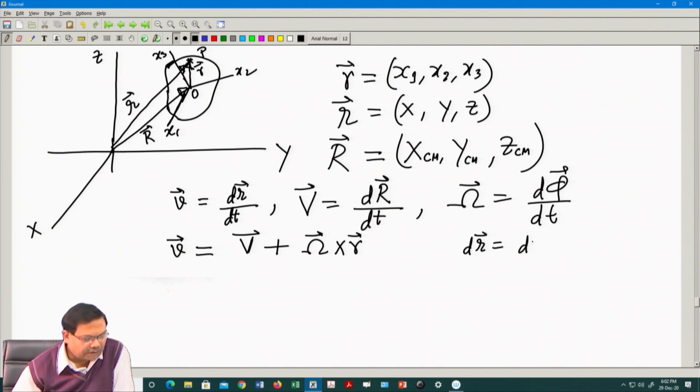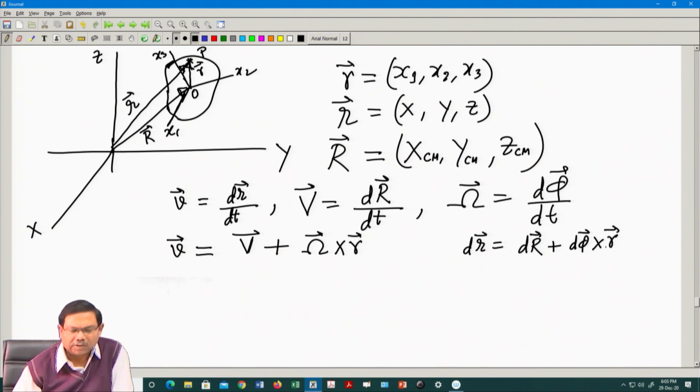So, displacement has two parts. When the rigid body moves, any point P in the rigid body will also move. Point P is displaced in time dt by an amount dr as observed from the fixed frame of reference. So, it has dR plus d phi cross r.